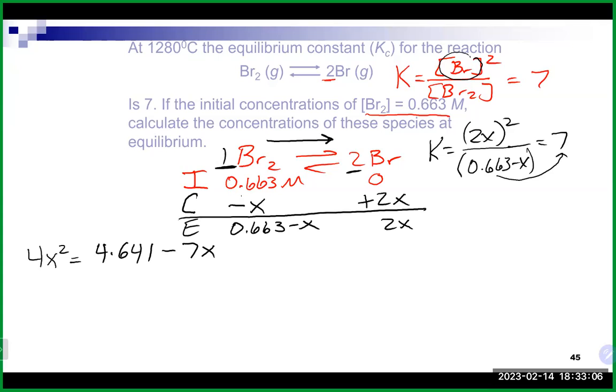In most cases, the x squared, you can usually keep positive. You don't have to, but in most cases, people do that. So that means I'm going to move everybody over to the left-hand side. So that's going to give me 4x squared plus 7x minus 4.641, and that's going to equal 0. Any questions on that there?